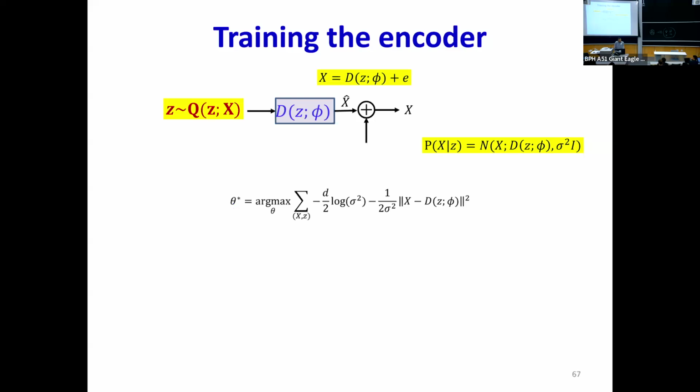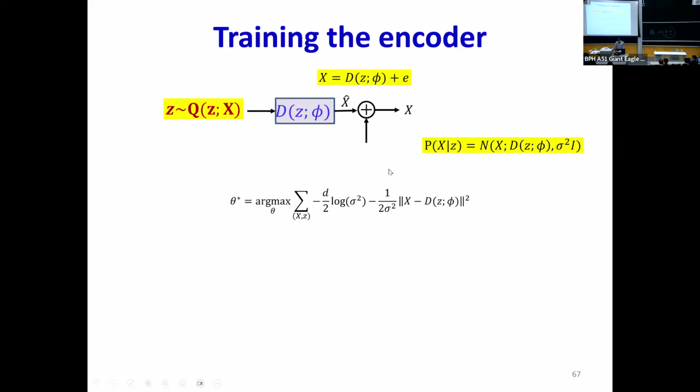And I want to estimate the decoder that maximizes the log probability of my data. Basically, I want to estimate the encoder such that when samples are drawn from Q and pass through the decoder, the training instances that I do have are highly, highly probable.